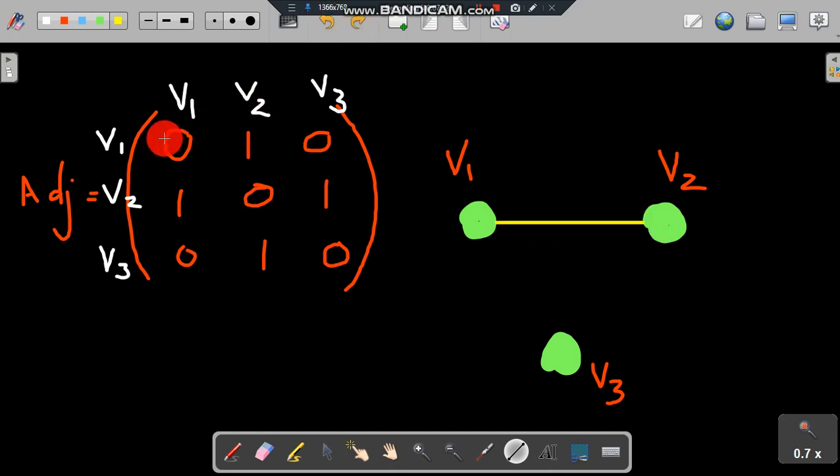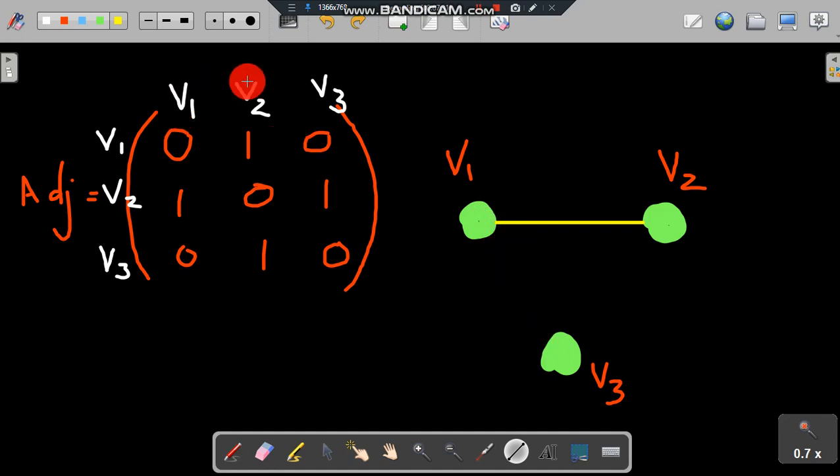Now V1 and V3, they are not adjacent because 0 comes here. V1 is not adjacent to V3. That's why we have 0 here. So we should not join V1 and V3 by an edge.